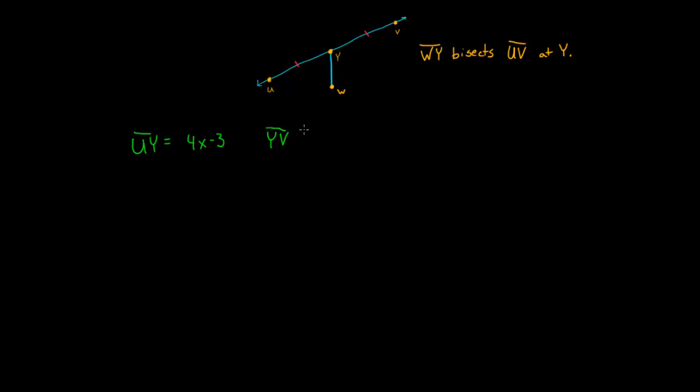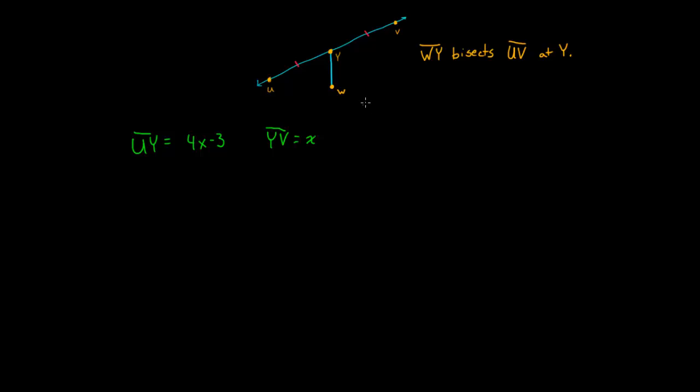These right here are segments. YV is equal to an x. And it asks us to find UY and UV. Alright, so I am going to look at our figure.